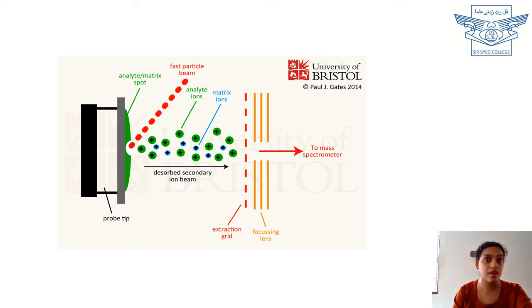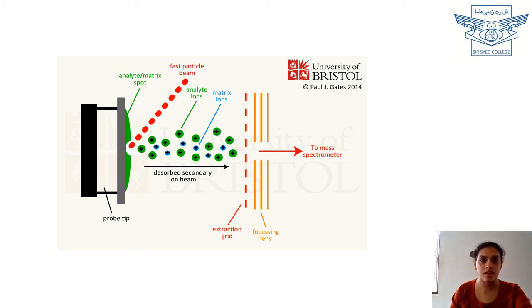The difference in FAB is that all the matrix materials also get a positive charge, and there will be a spectrum corresponding to the matrix material also, but it won't cause a problem because we already know what our matrix material is, and corresponding to its molecular weight we will get a peak in the mass spectrum, and that is easily avoided.